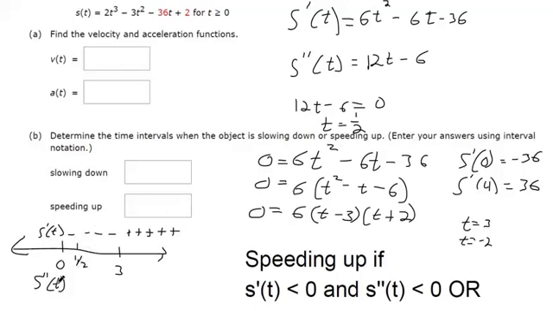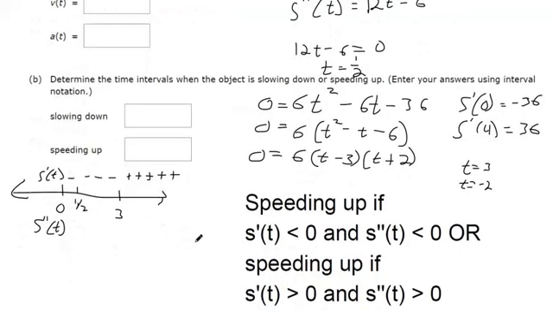And then if you plug in 0 for the second derivative to test out a point, you get negative 6. So we are negative for the second derivative over here, and then you're going to find that we're positive to the right.